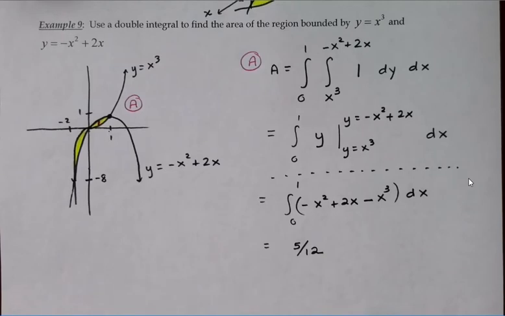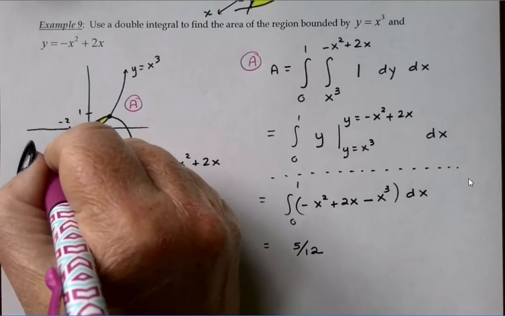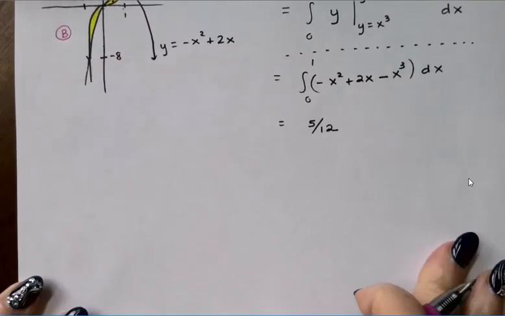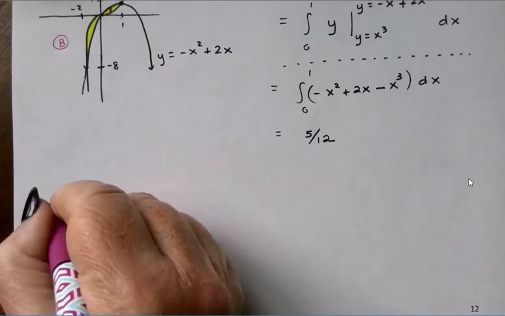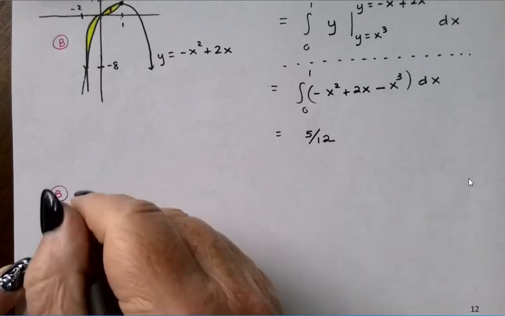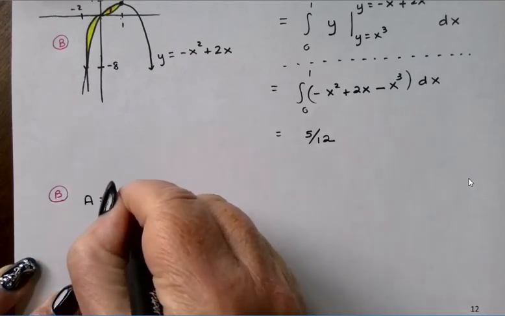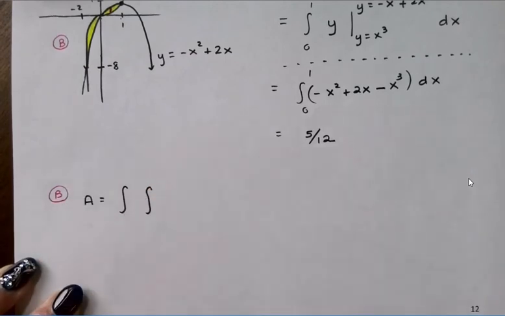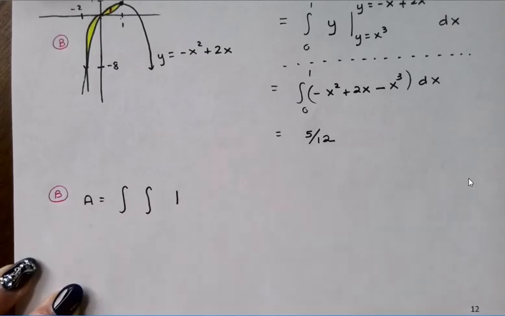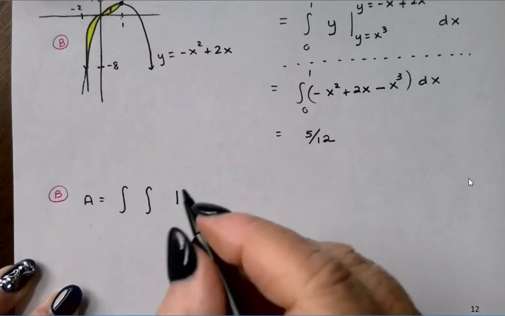All right, let's also do the part over here in quadrant 3. I'm going to call that B. And the area here. Once again, I want to do it as a double integral. To do area as a double integral, we always use 1 as our height function.